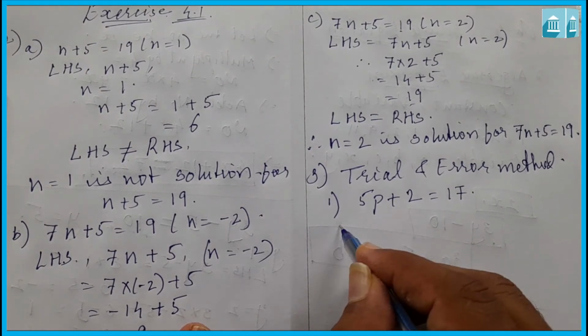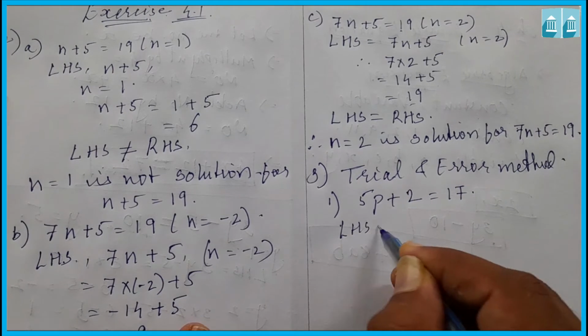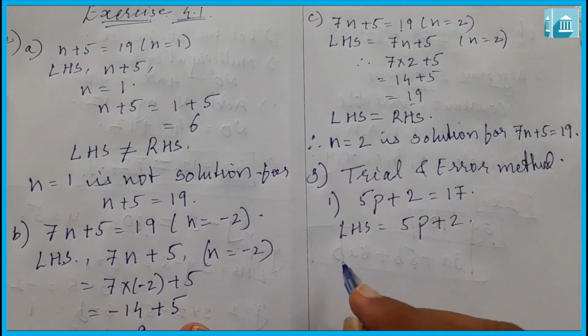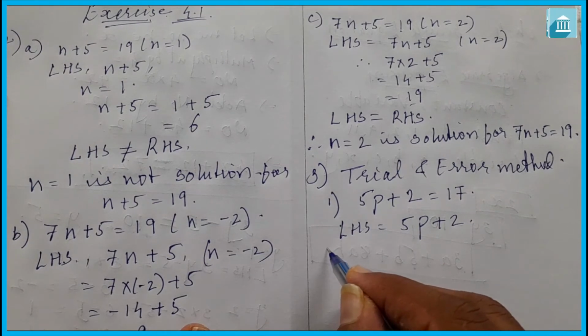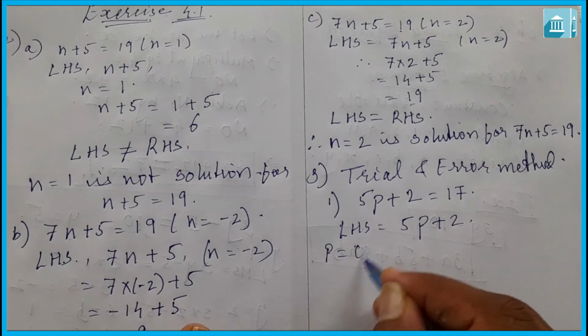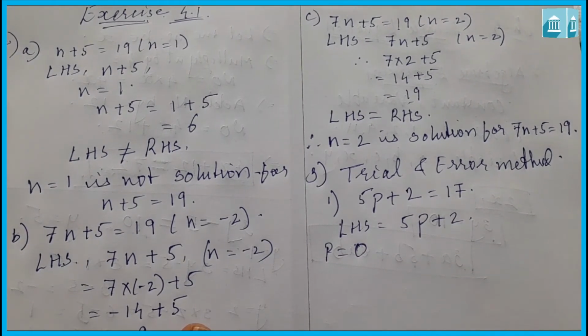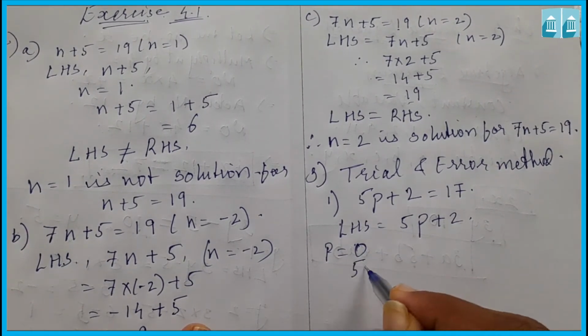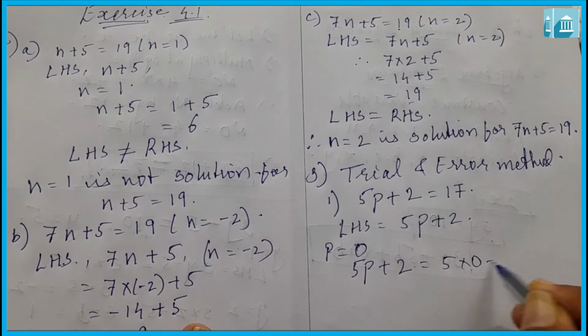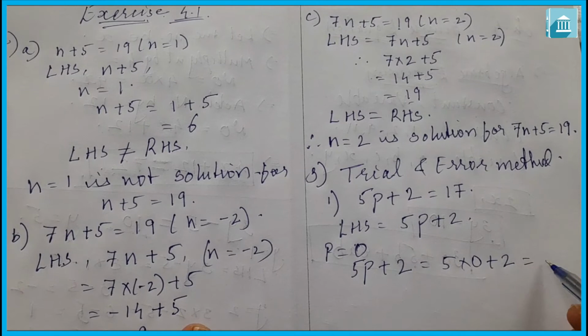So left hand side is equal to 5p plus 2. Let us begin from p is equal to 0. When p is equal to 0, 5p plus 2 is equal to 5 into 0 plus 2, which is equal to 2.